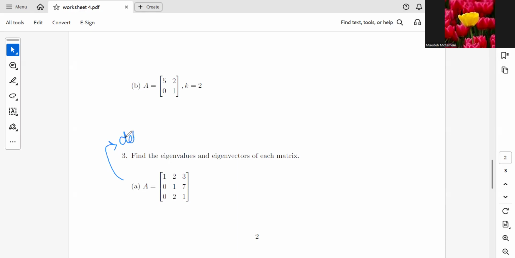We're going to find the determinant of A minus lambda I. We know that when we do this, the diagonal will be subtracted by lambda. So it will be the determinant of 1 minus lambda, 2, 3, 0, 1 minus lambda, 7, 0, 2, and 1 minus lambda.